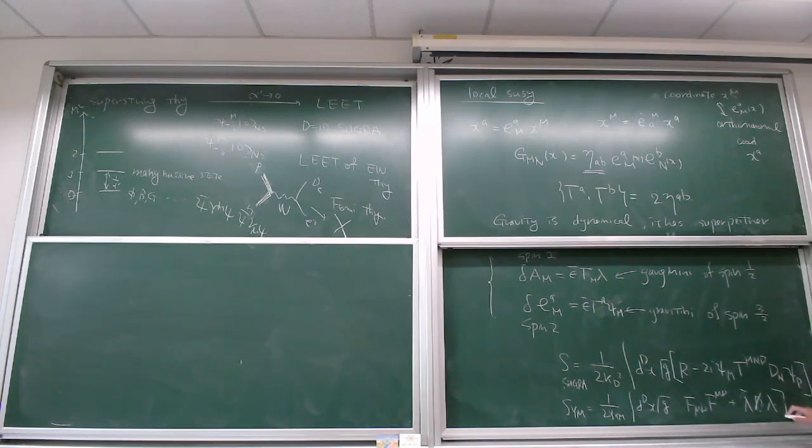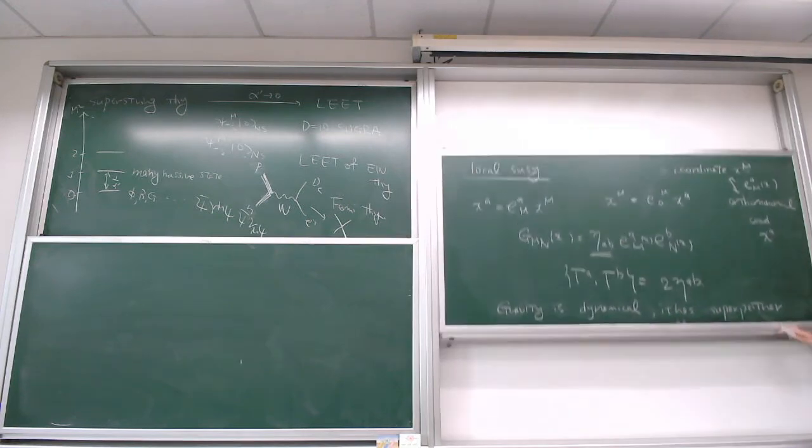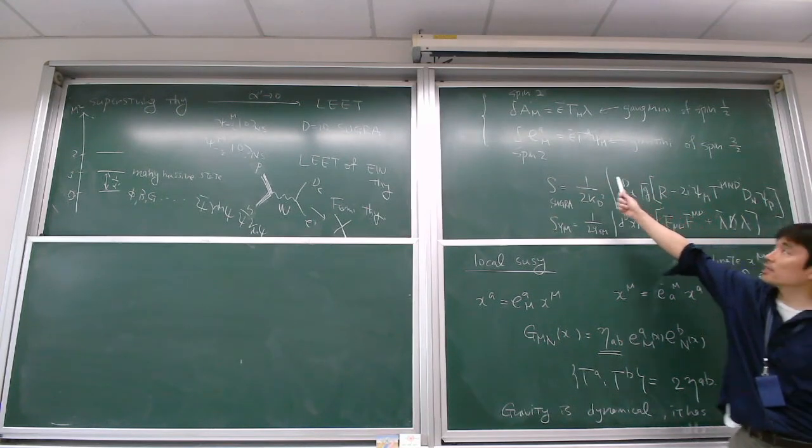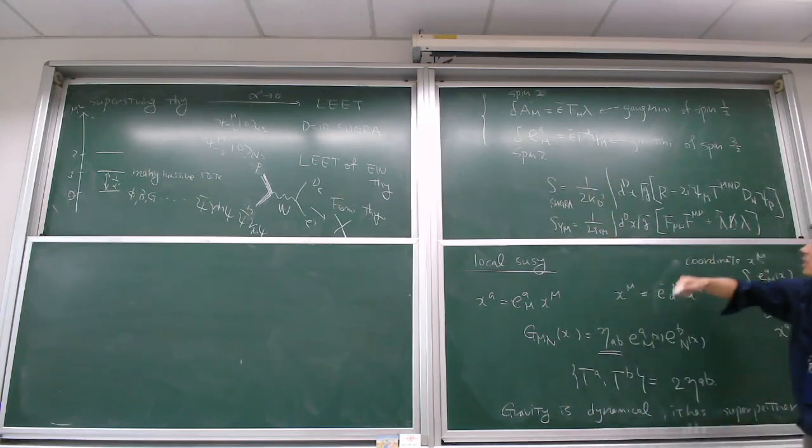This is the supersymmetric action of super Yang-Mills. So we have the gauge field and the gaugino, and then you have a Dirac action. Supersymmetry requires it to be massless. And a similar thing, you start with the Einstein-Hilbert action, but you introduce the gravitino so that it is invariant under this transformation. It's the same thing.